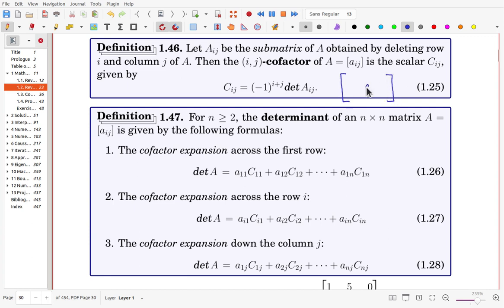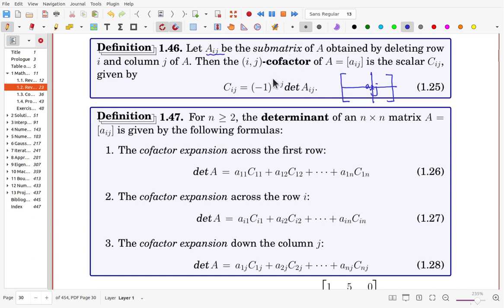Here, the entry Aij is given. Then the row including Aij and the column including Aij are eliminated. The remaining part will be an n-1 by n-1 matrix. That is called the Aij submatrix.